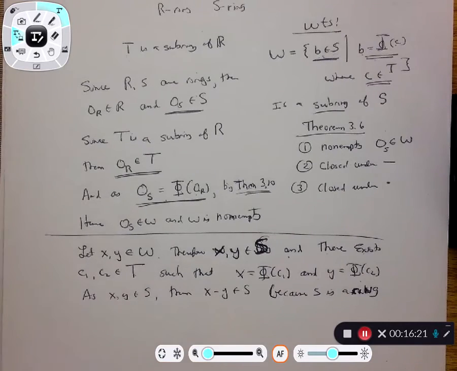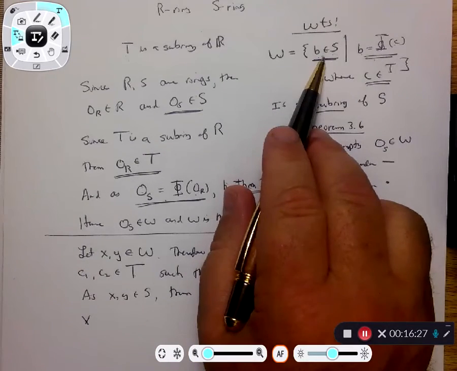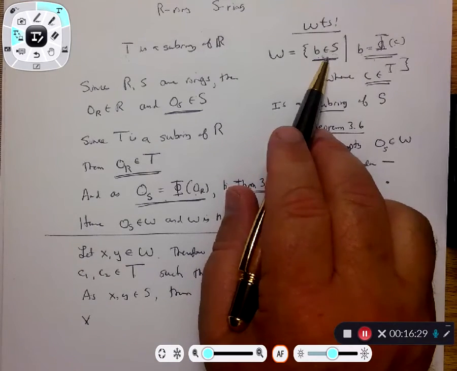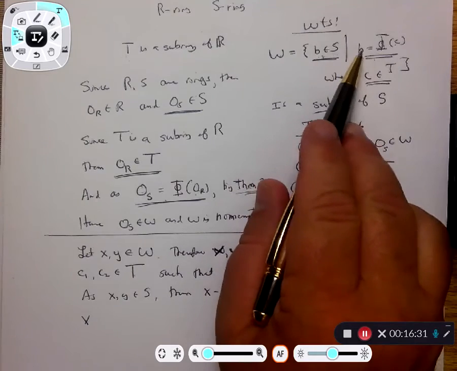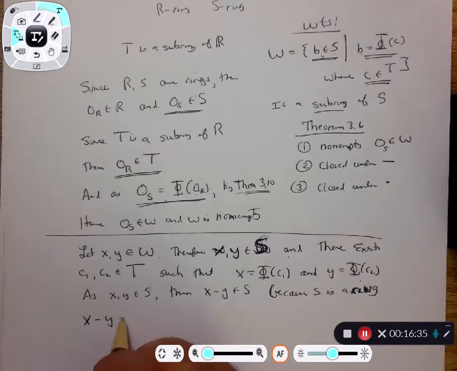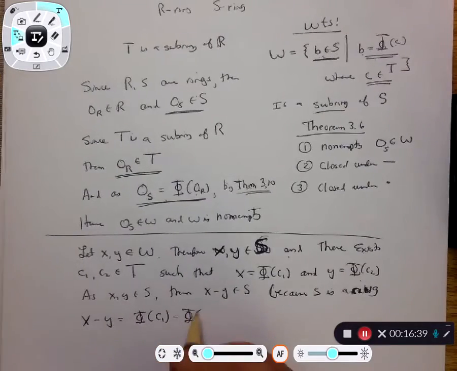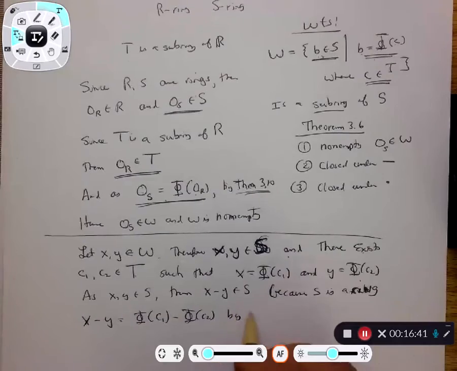Okay, and so far we've got this part of my W: x minus y is in S. Now I want to have the condition that x minus y is going to be equal to phi of some dude. So x minus y is going to be equal to phi of C1 minus phi of C2. That is by substitution.